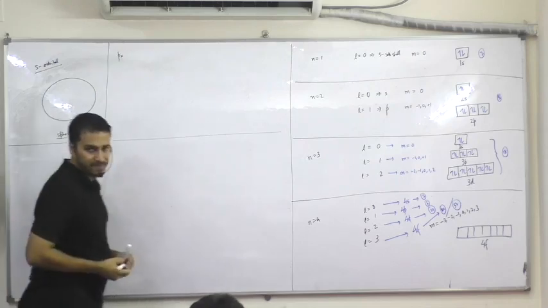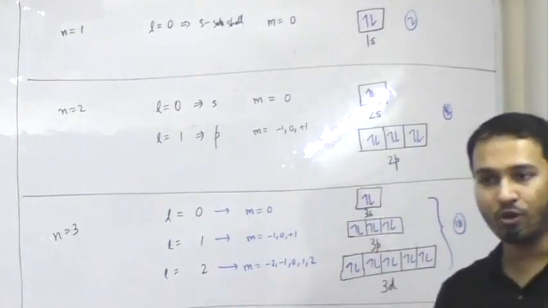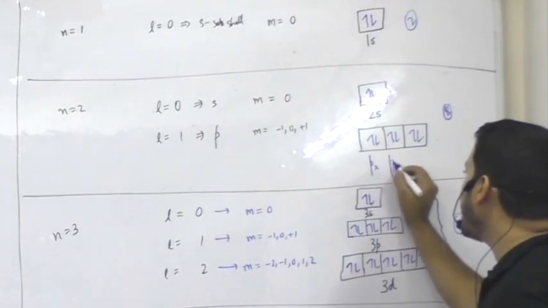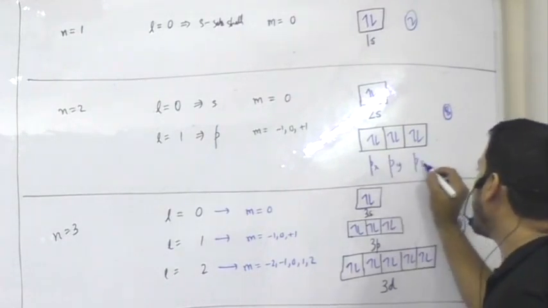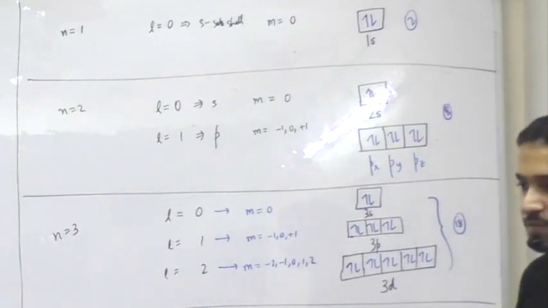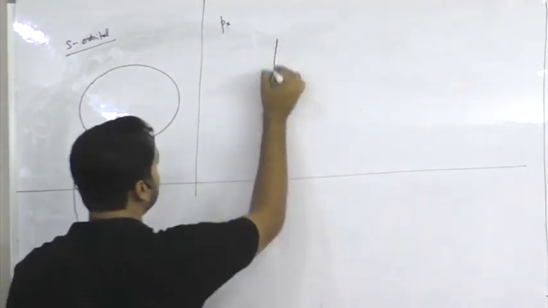But the p orbitals, how many p orbitals do we see here? 3. The p subshell has 3 p orbitals. These 3 p orbitals have names px, py and pz. Px looks like this.